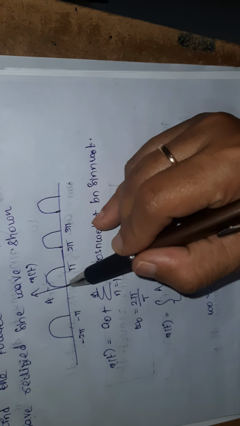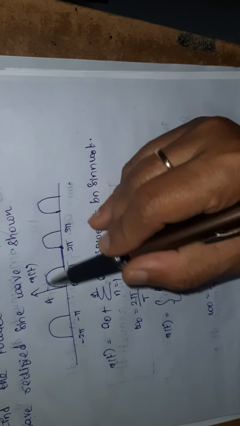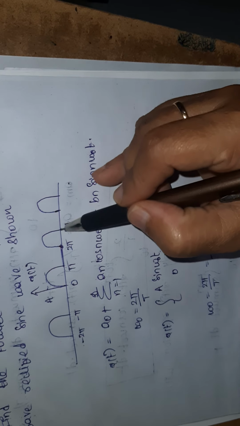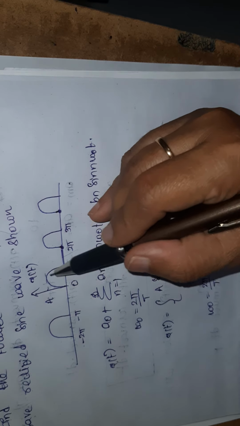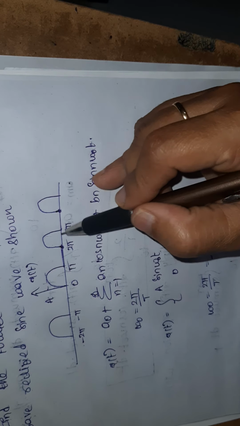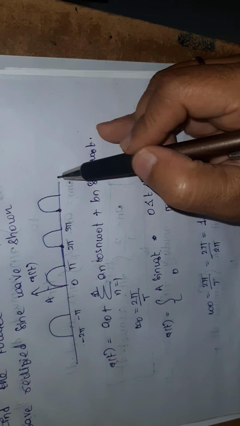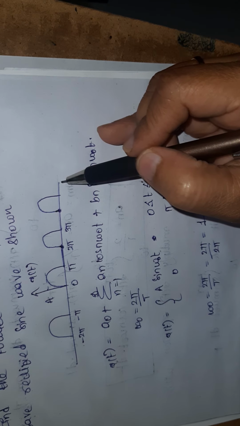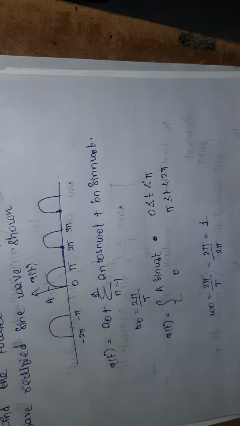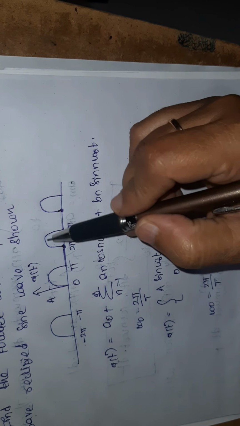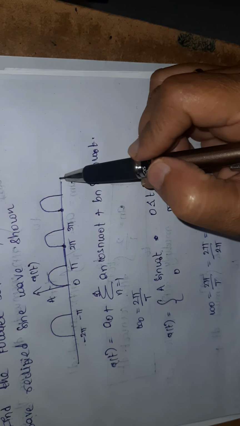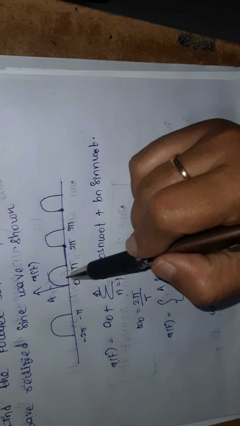This is a waveform and it is repeating after every 2 pi, the fundamental time period, capital T. The fundamental time period is defined as the time after which the waveform repeats.